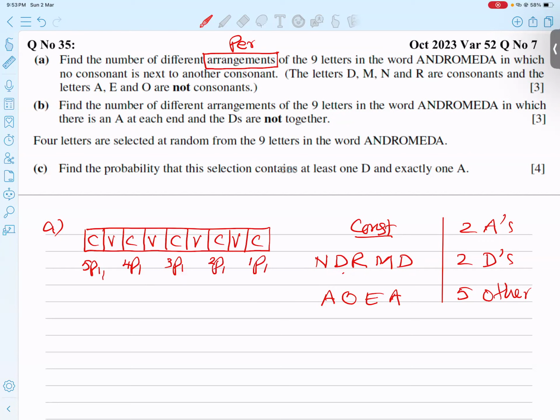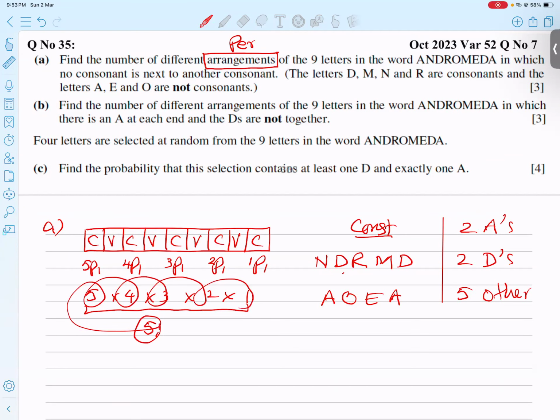And for your knowledge, whenever 1 comes, 1, 1, 1, the same numbers come. So 5 into 4 into 3 into 2 into 1. Basically, this is 5 factorial or 5P5. Same thing, because 5 factorial means 5 into 4 into 3 into 2 into 1. You know that very well.